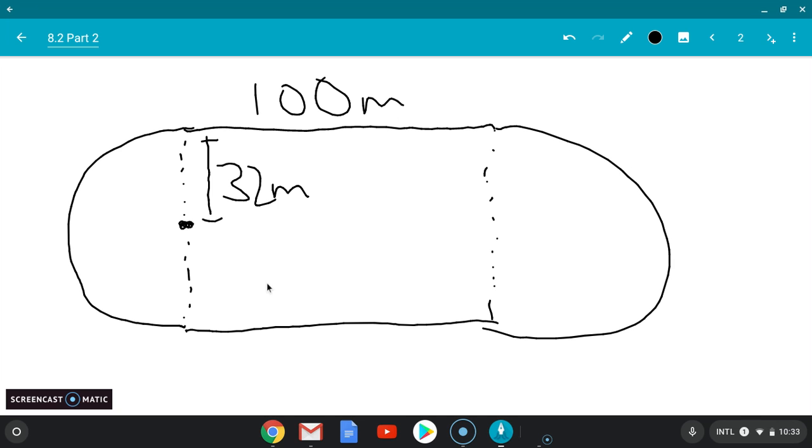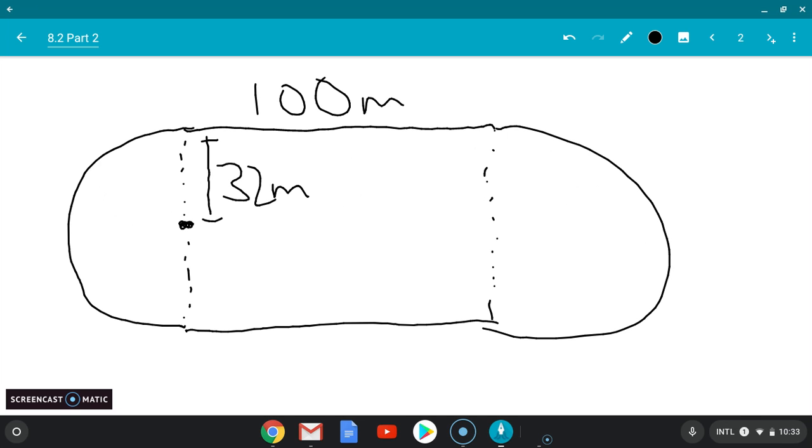Okay. Now, they gave us the radius for this semicircle, and this is like 2 semicircles, right? But here's the thing. We don't need to divide our circumference by 2 because we're not working with just one semicircle to find the perimeter. We're working with 2 and they're the same.